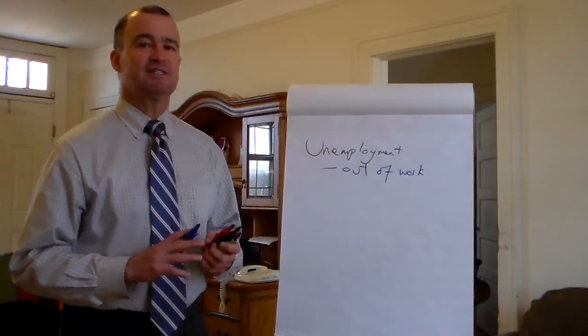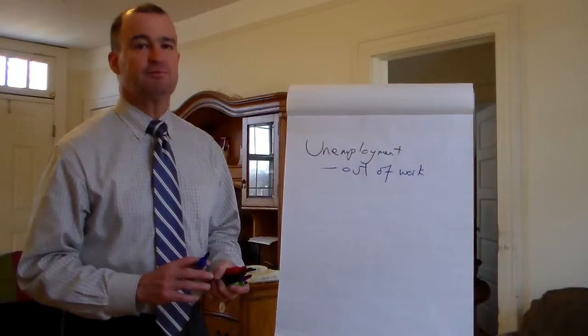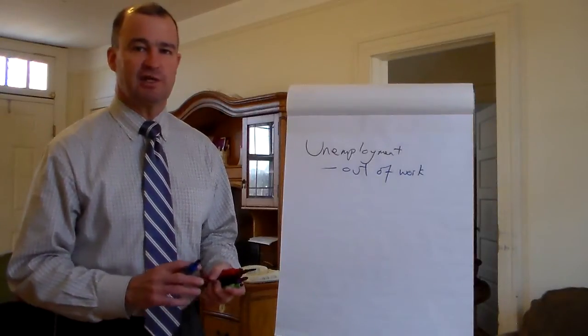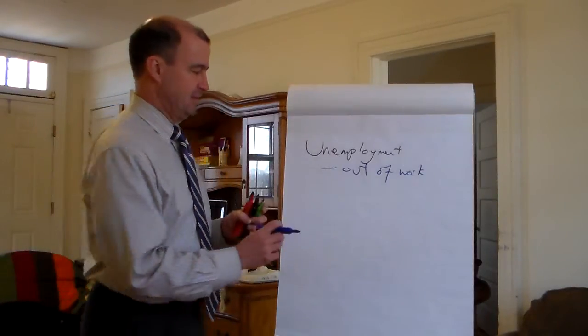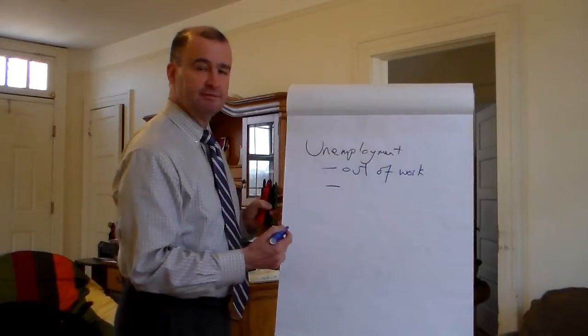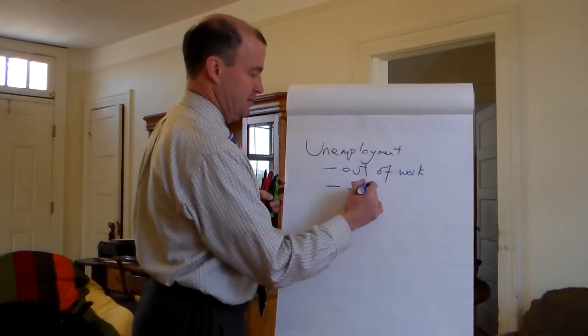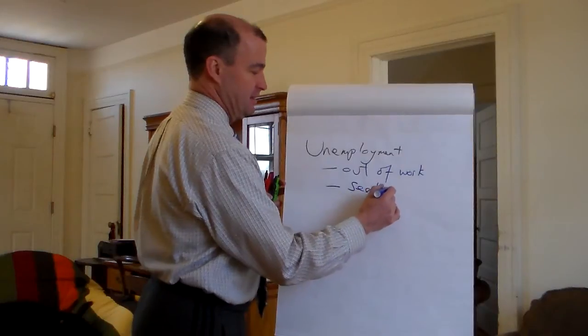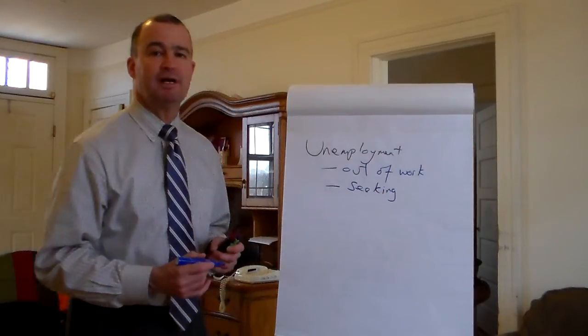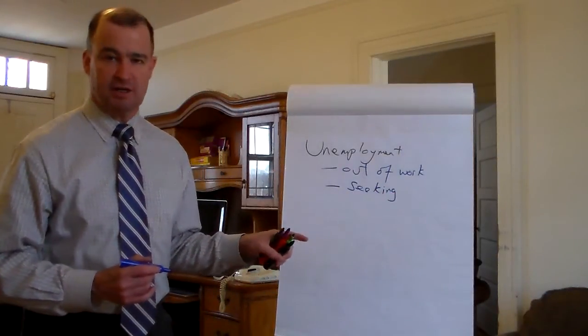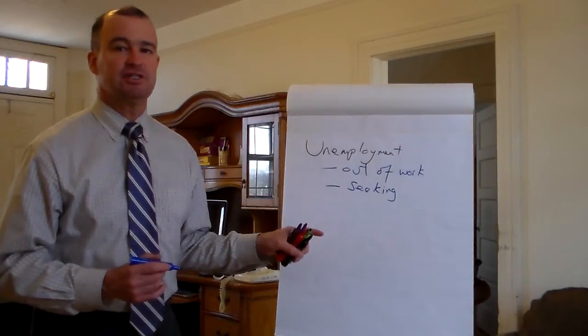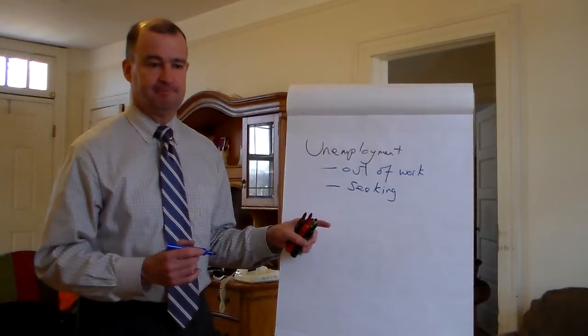But that doesn't mean he's statistically unemployed. That doesn't mean the Bureau of Labor Statistics is going to count him. There's 2 other criteria. To an economist, someone who's unemployed must be looking for work. They have to be an active participant in the labor market.